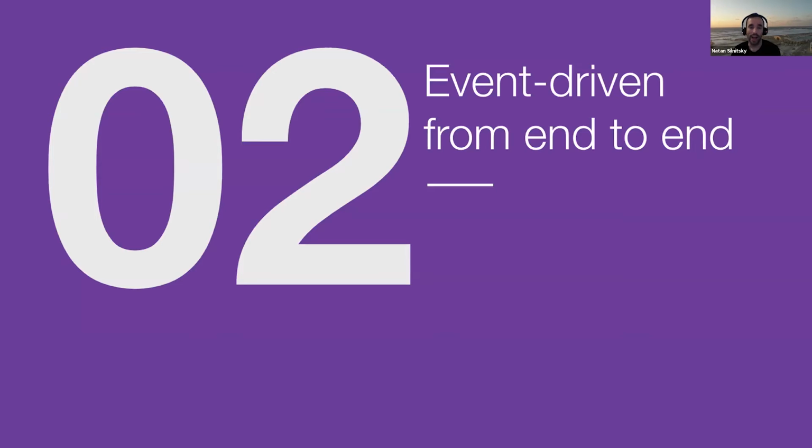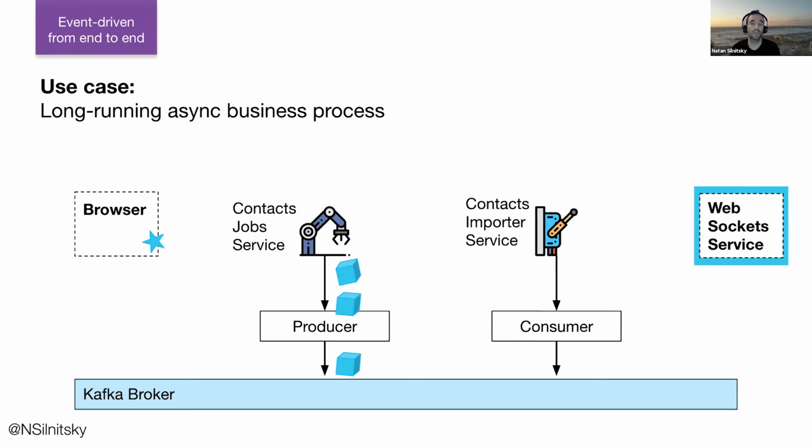And you can also use it maybe in your use case, or if maybe you have a monolithic use case. So let's look at the second pattern, which is event-driven from end to end. So imagine you have a long-running asynchronous business process.